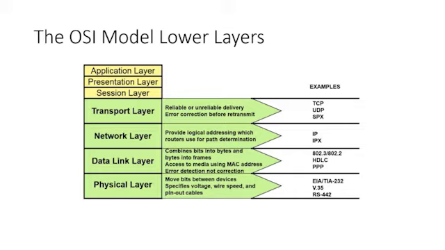But for the most part, that's how it's going to behave. It will bounce from router to router until it gets to its destination. At least that's what we expect to happen, right? Sometimes things happen and it doesn't end up where it's supposed to go. But for the most part, it does a really good job. So at the network layer, you need to think IP addressing, internet protocol.